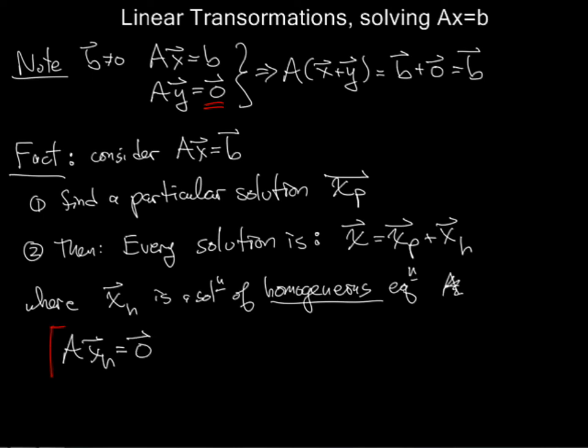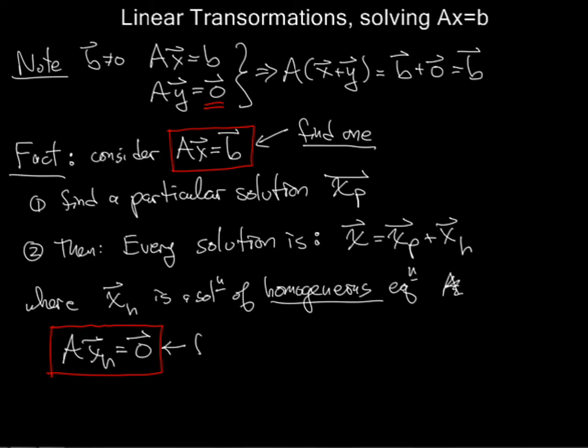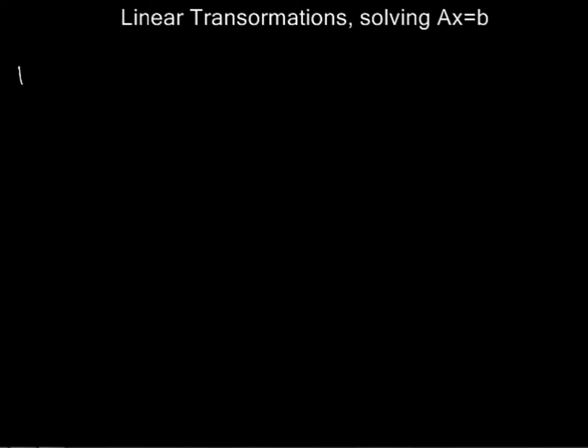So you find all of the solutions to the homogeneous equation, a single solution to the particular equation, and then all solutions are obtained by adding those. And this problem down here, solving Ax is equal to 0, is the special case we just discussed, and that gives the subspace.